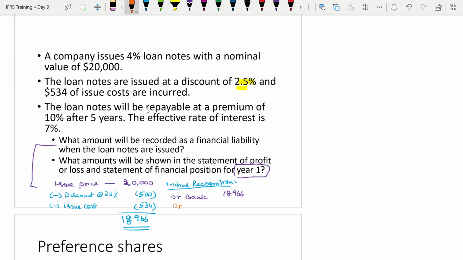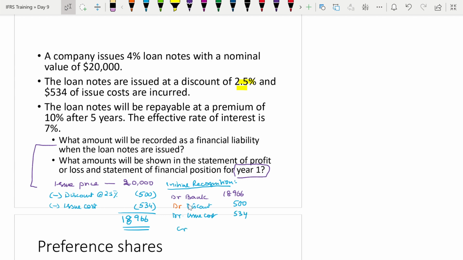The difference will go to the bank charges. Okay, don't write that. Debit will be the discount allowed, 500. Debit will be issue cost, 534.